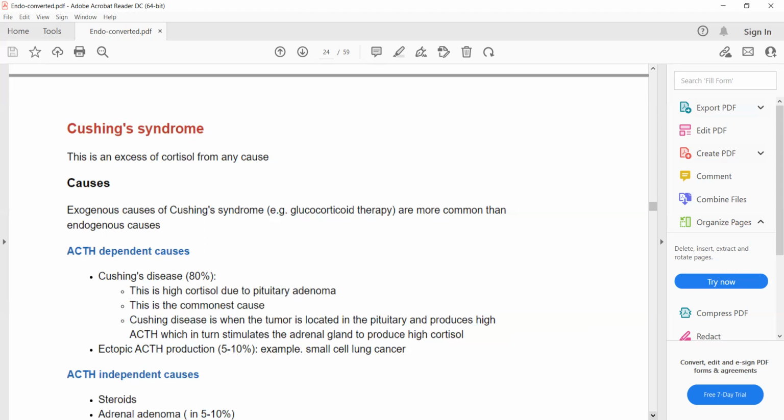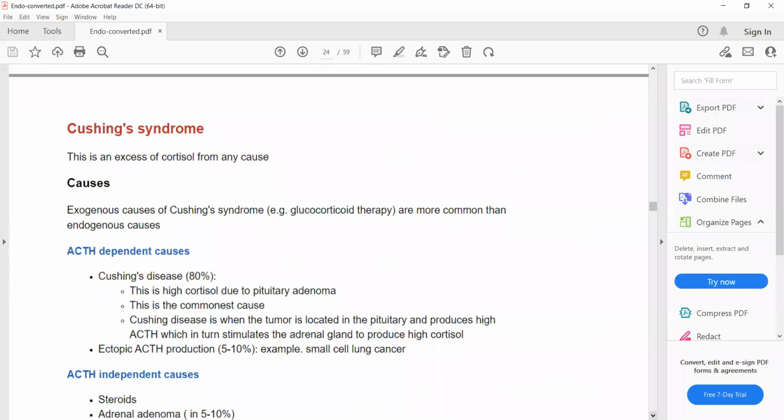Some examples of diseases in which patients are on long-term steroid therapy, or take exogenous steroids for a very long time, are rheumatoid arthritis, asthma, and COPD.